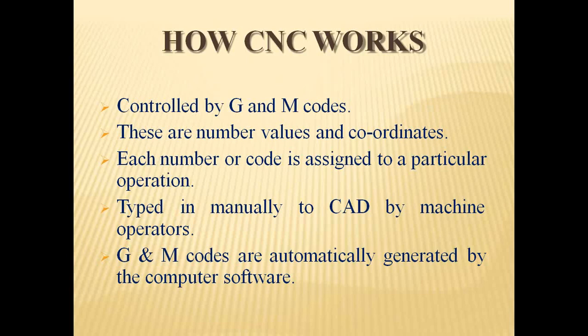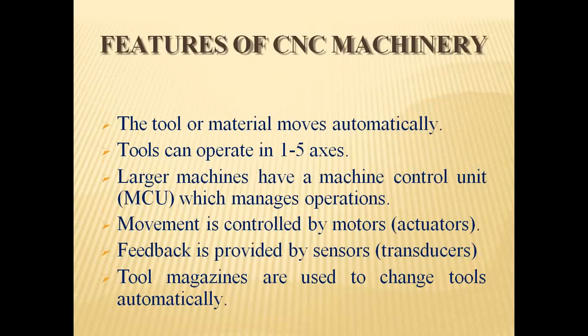Each number or code is assigned to a particular operation. Typically, if we want to write a program manually, we are supposed to use G codes and M codes, as written by the machine operators. And in some cases, software has evolved for automatic generation of computer numerical programs.